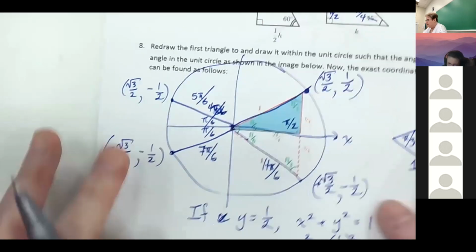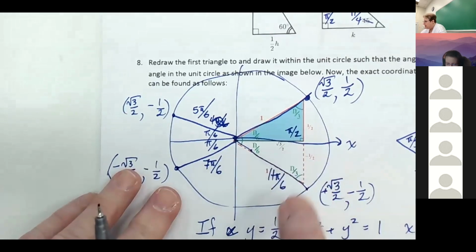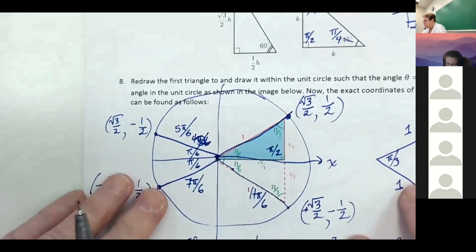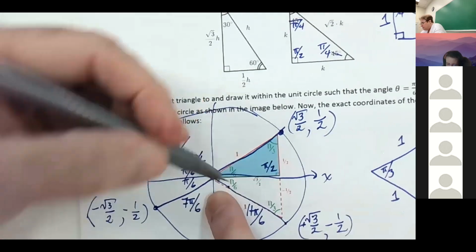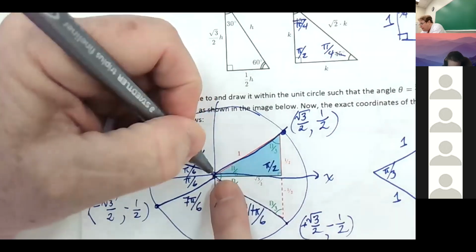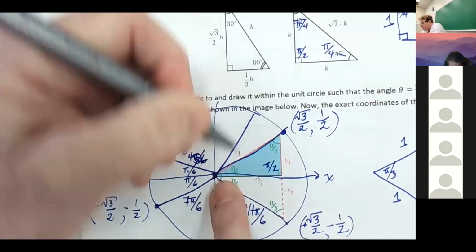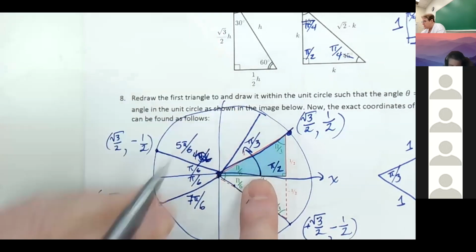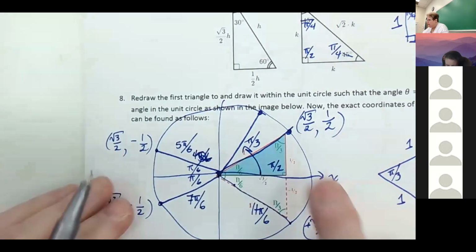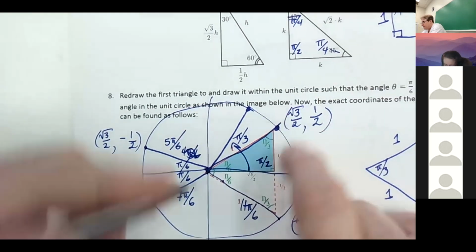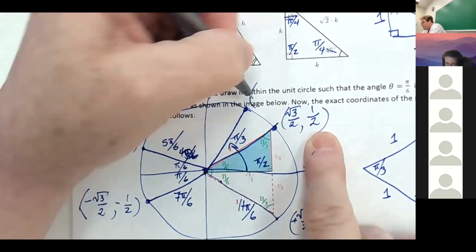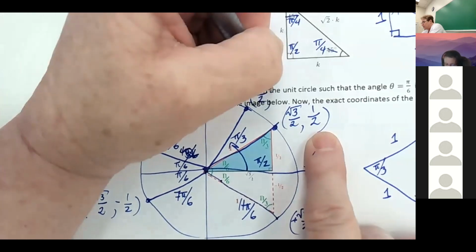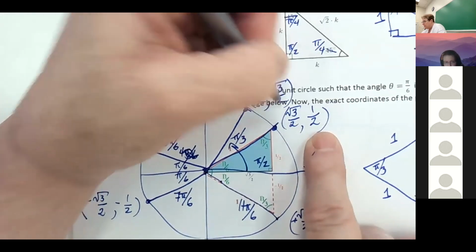Well, we're almost done because we just got the relationship we were talking about before. Pi over 3 is double pi over 6. And we now know that if x is 1/2, then y has to be square root of 3 over 2.